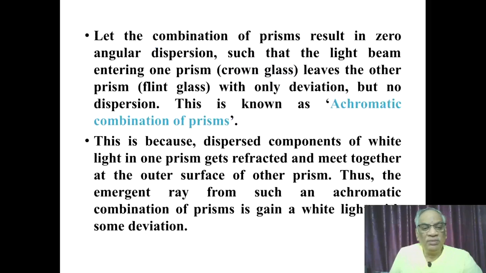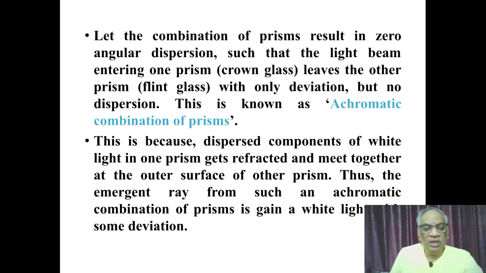If the combination of prisms results in zero angular dispersion, such that the light beam entering one prism, say crown glass, leaves the other prism, like flint glass, with only deviation but no dispersion, then such a combination is known as an achromatic combination of prisms. In this, the dispersed components of white light from one prism get refracted and meet together at the outer surface of the other prism. Thus, the emergent ray from such an achromatic combination of prisms is again white light with some deviation.